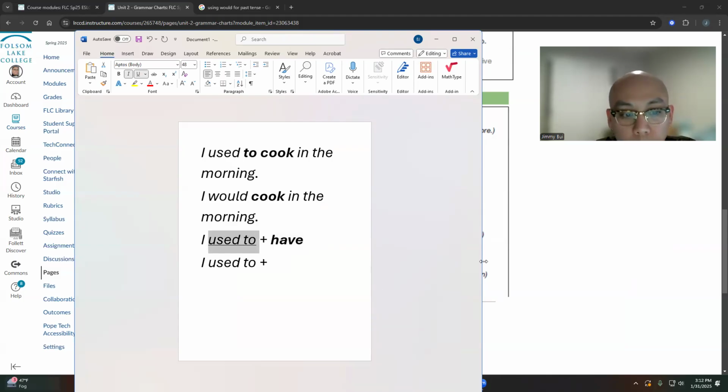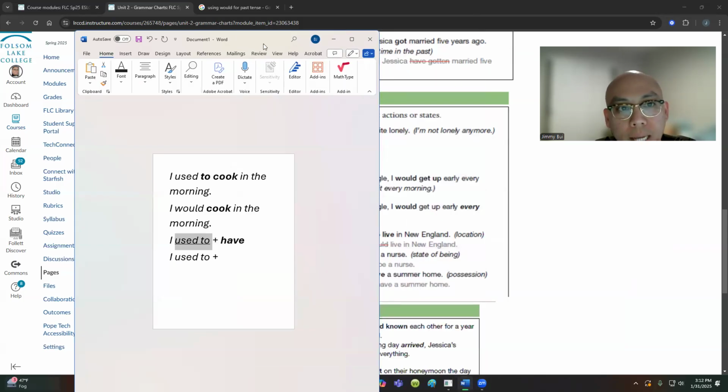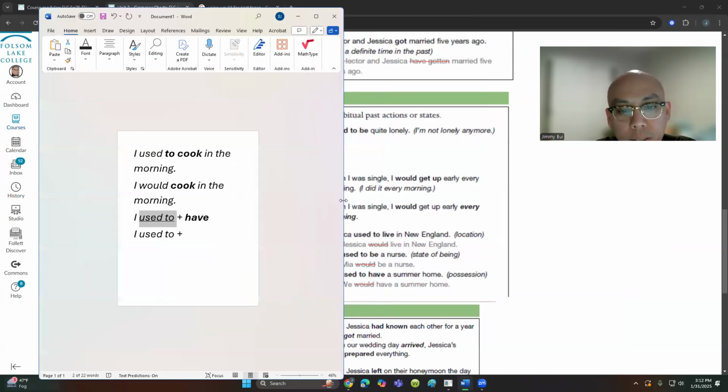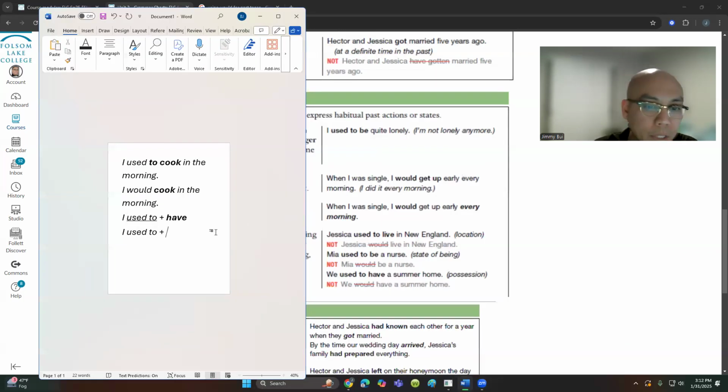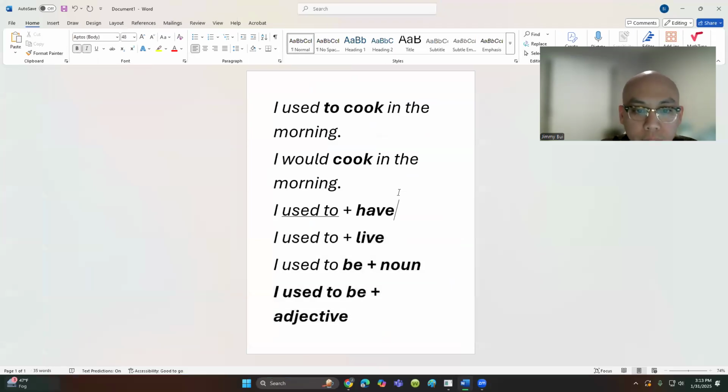So you repeating it, you do not have to make it past tense again, similar to simple past. Used to can also be used with location, so verbs like live, and then for adjectives. I used to be, and then this be can be used with a noun, or I used to be plus adjective. In these scenarios, you cannot use I would.